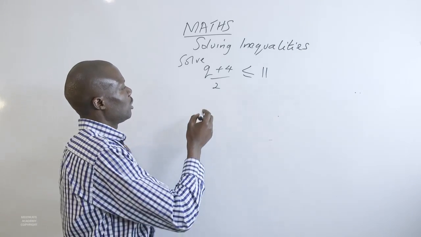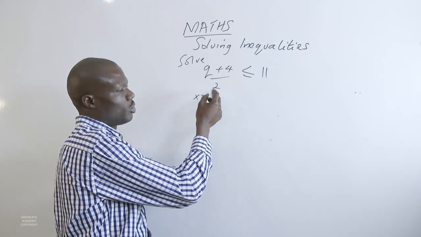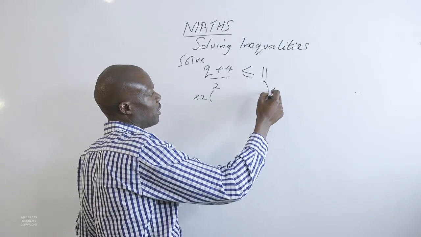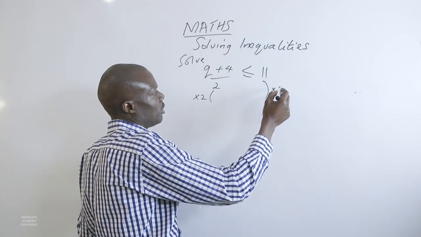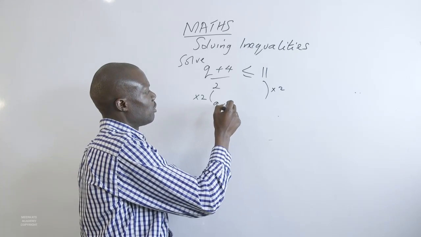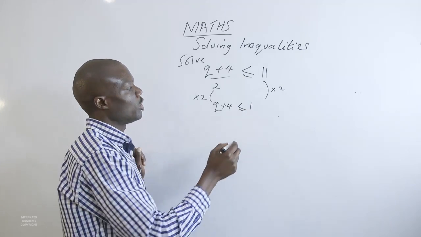The approach is the same. We multiply the left-hand side by 2 so that we remove the denominator, and multiply this side by 2. So you'll find that q plus 4 is less than or equal to 11 times 2, which is 22.